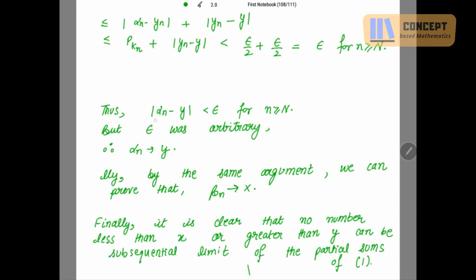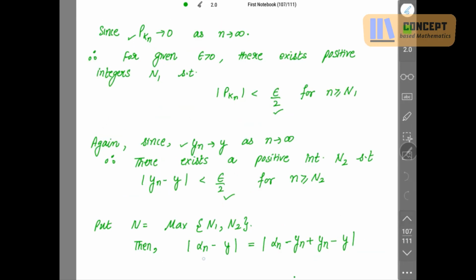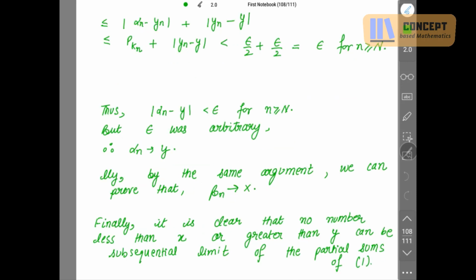Thus, mod alpha n minus y is less than epsilon. Right? What is coming with us? This mod alpha n minus y finally is less than epsilon for n greater than or equal to N. But epsilon was arbitrary, so alpha n is tending to y.